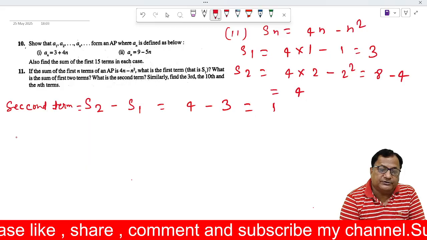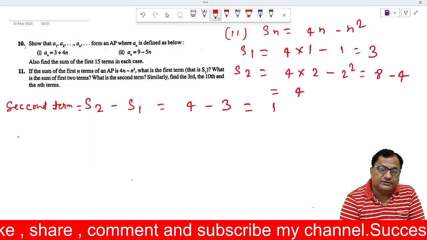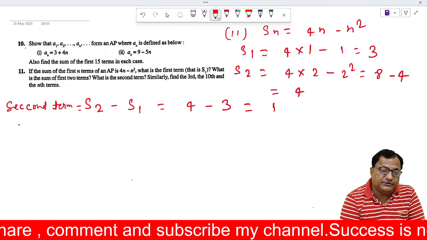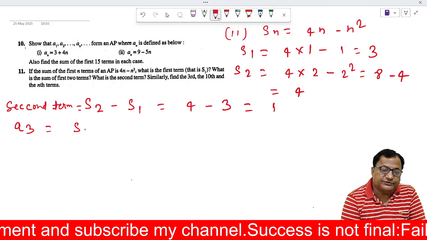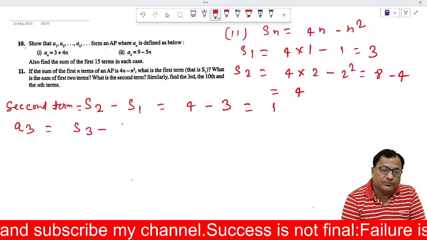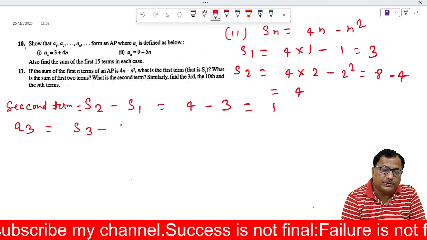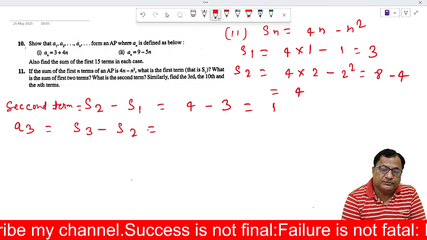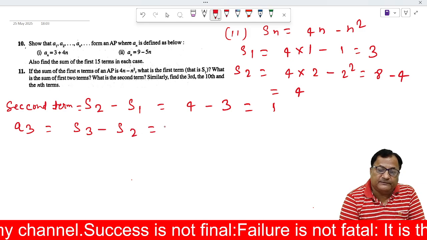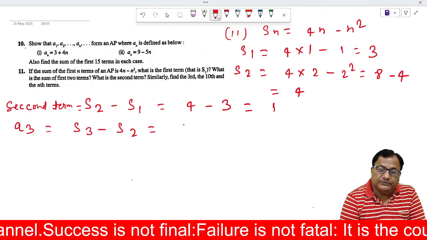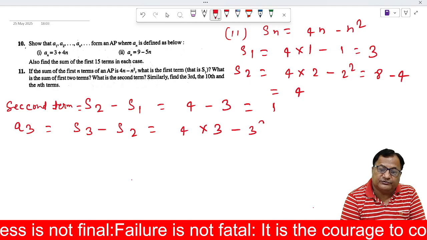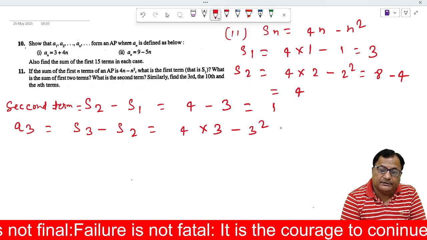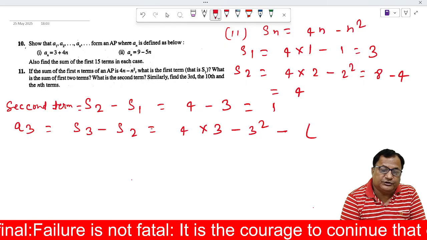Similarly, find the third. So the third term a3 will be S3 minus S2. So we will find S3 first. S3 will be 4 into 3 minus 3 square, and minus S2.